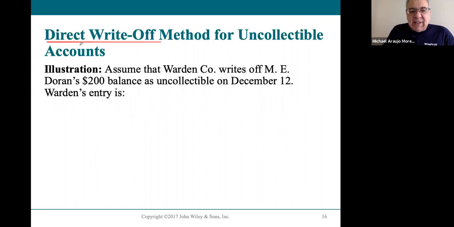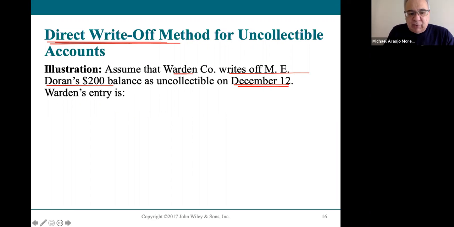So for those businesses, these very small businesses, they can directly write off a debt. Again, public corporations cannot, but just to show you the difference, this is how it works. So for smaller companies that use what we call direct write-off, as soon as they identify an account, so in this case, Warden Company has identified Doran's $200 balance as uncollectible on the 12th of December.